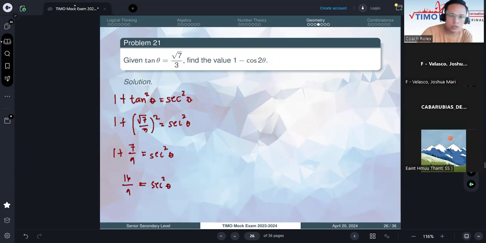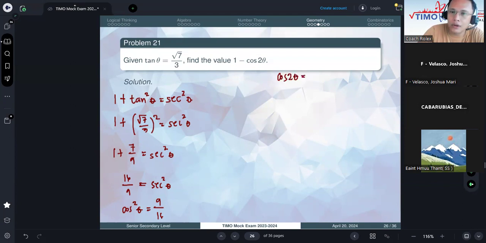And of course, the cosine squared, no? Cosine squared theta is the reciprocal of secant squared. This will become 9 over 16. Now we only use cosine squared. We can use cosine squared because, as you can see, there are three identities for cosine 2 theta.